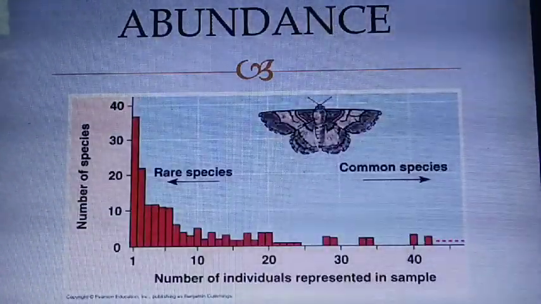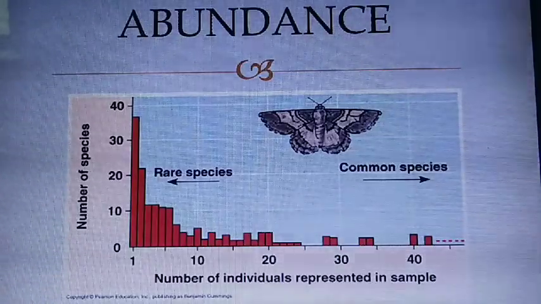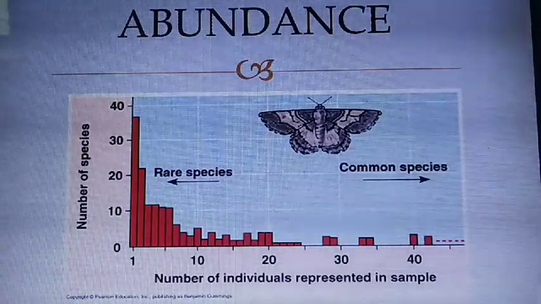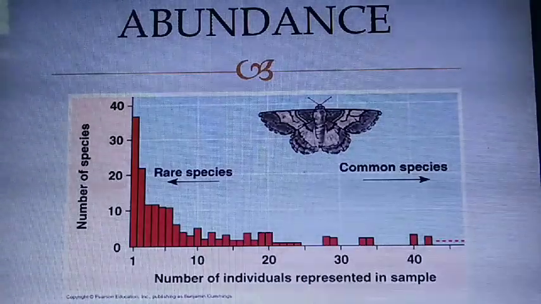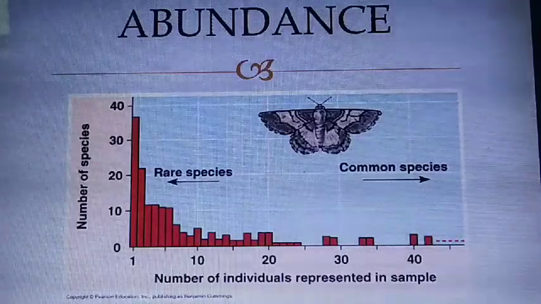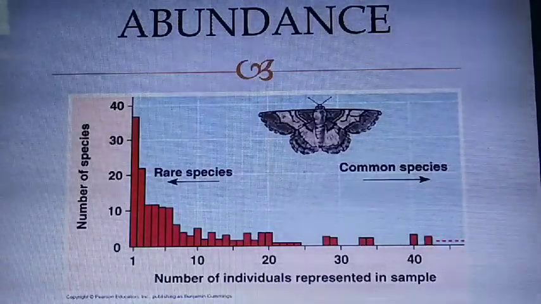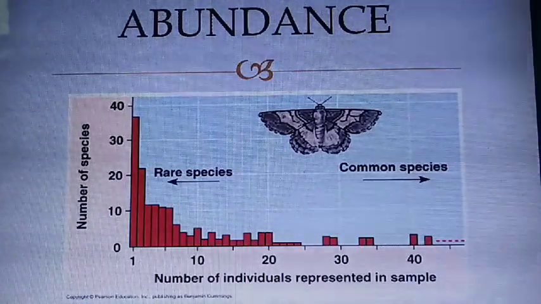Now comes the term abundance in terms of quality, not in number, but in quality. The groups are distinguished on the basis of the numbers calculated in the quantitative characteristics.